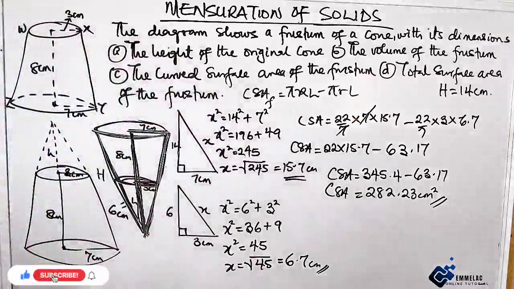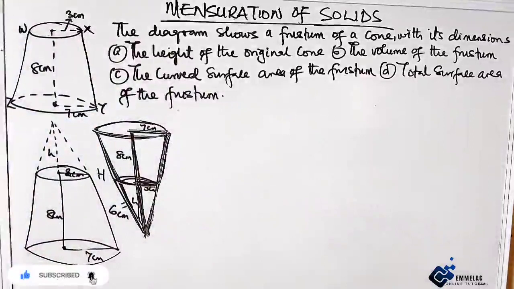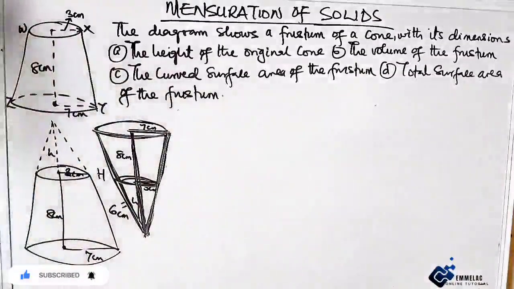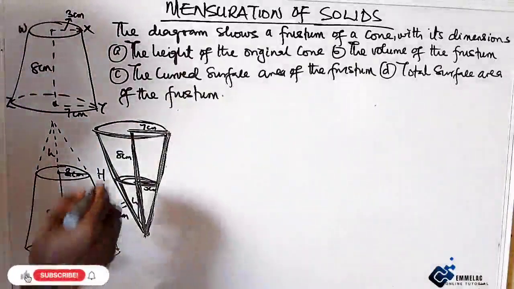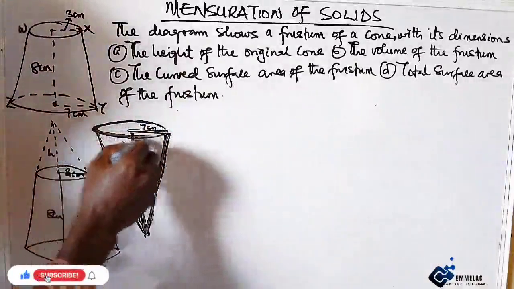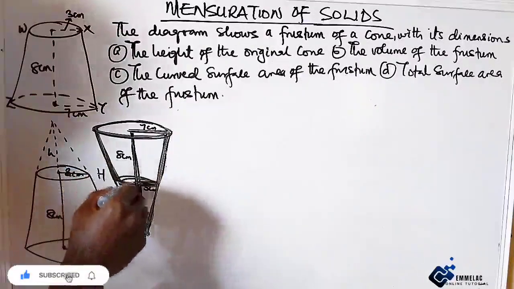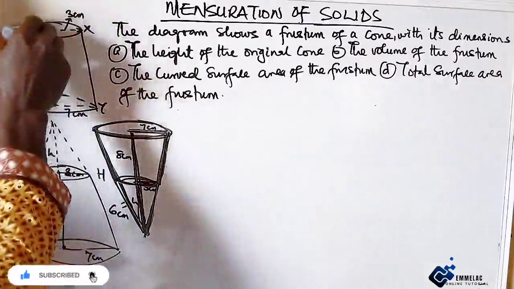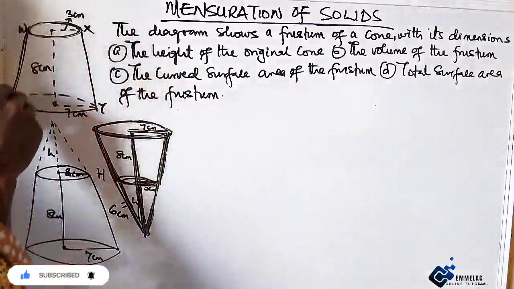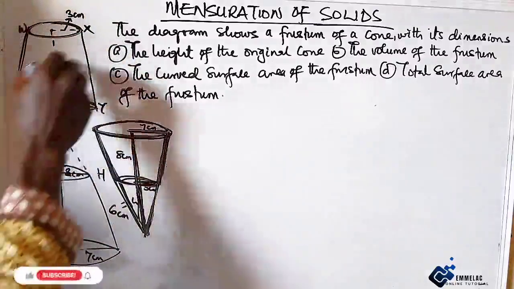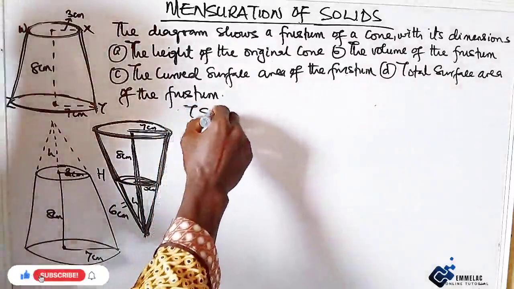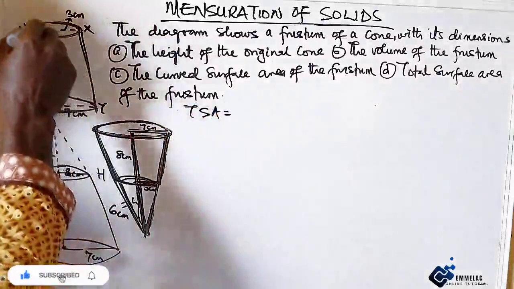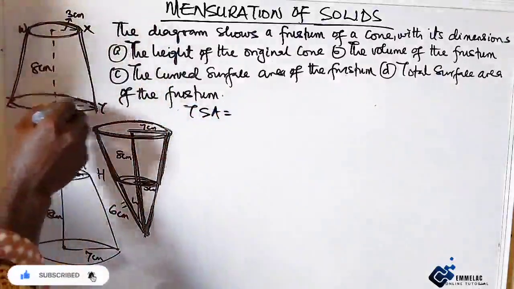All right, so let me quickly ensure that everywhere is okay. Now the total surface area of the frustum. Now for us to get the total surface area of this, which is this, alright, now what we just need to do, the total surface area is giving us, if it's actually closed, both of them are closed.